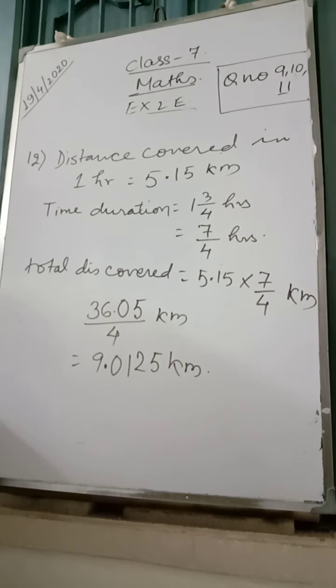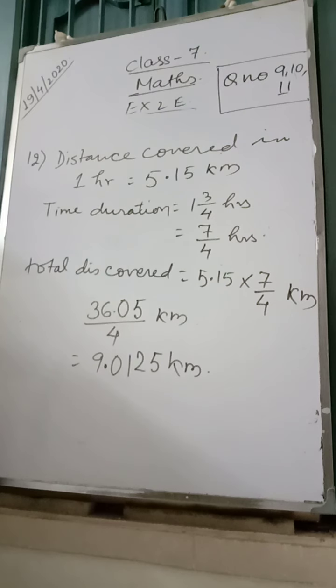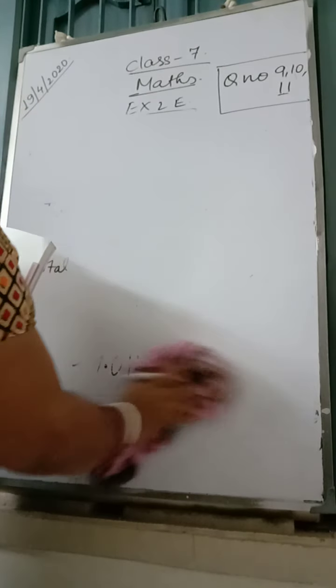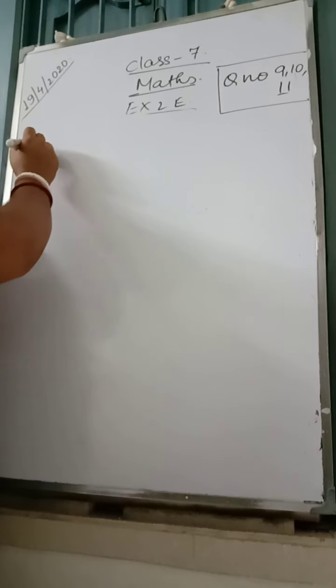75 toys are sold at the rate of rupees 35.90 each. Find the total money collected by selling these toys. So very simple, we just have to multiply. Question number 13.